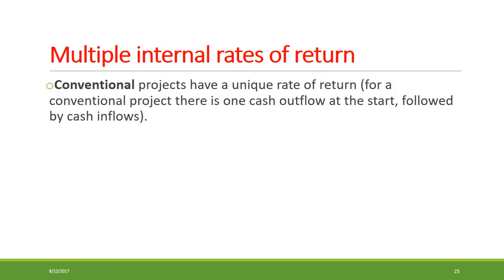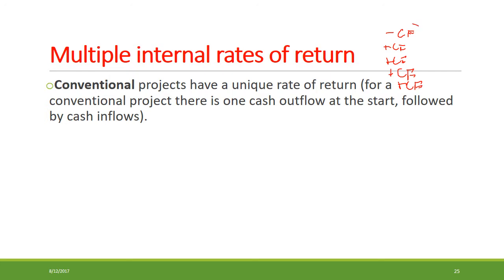Okay. The problem with IRR is that, firstly, sometimes the IRR doesn't give us just one number, right? So the IRR model sometimes gives us 2 or 3 numbers. With conventional projects, a project where you have an initial outlay, which is a negative cash flow, followed by positive cash flows in the future, this is what we mean by a conventional project.